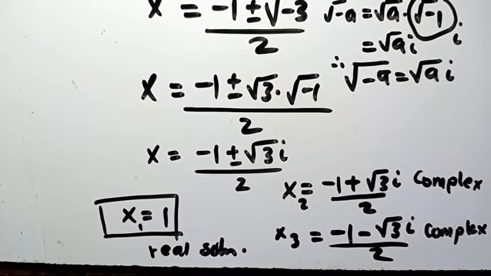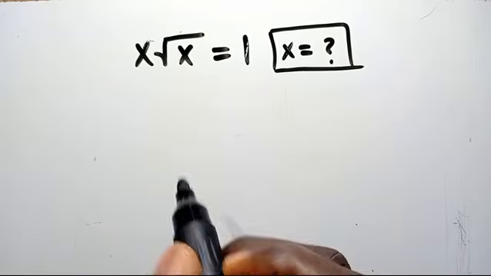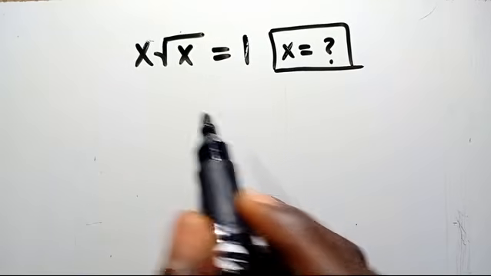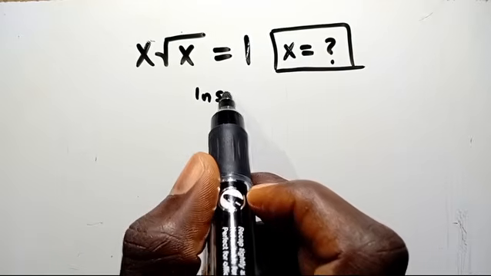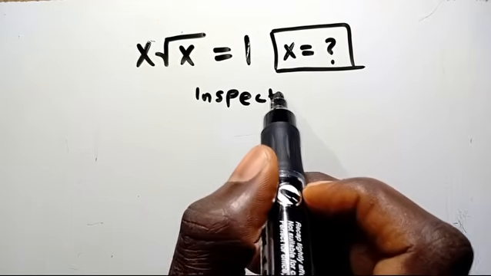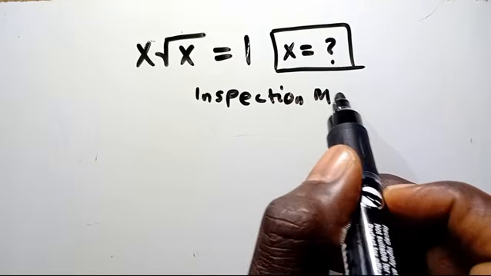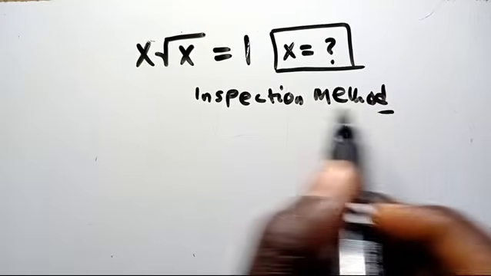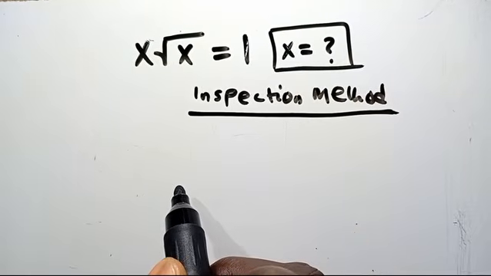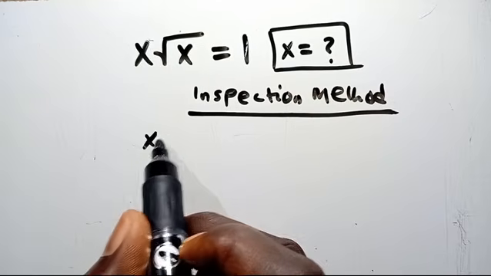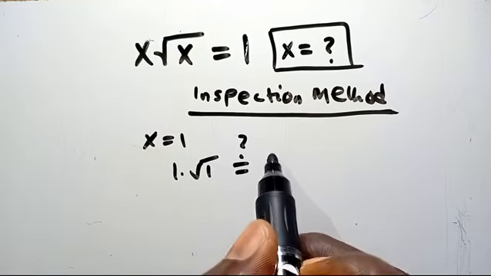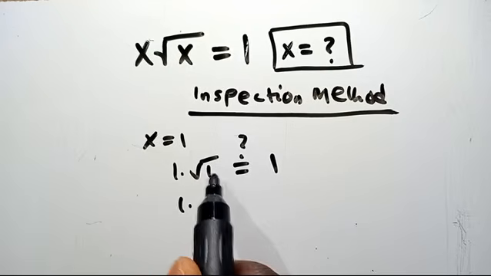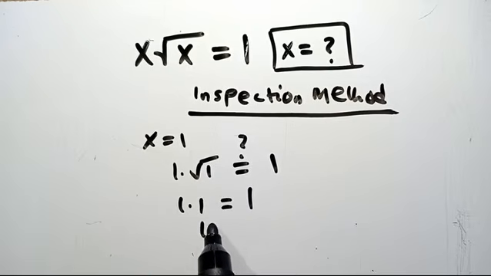By inspection, one can decide that x equals 1, because if x equals 1, we discover that 1 times root 1 is going to give us 1. 1 times root 1 is 1. This equals 1. 1 equals 1.